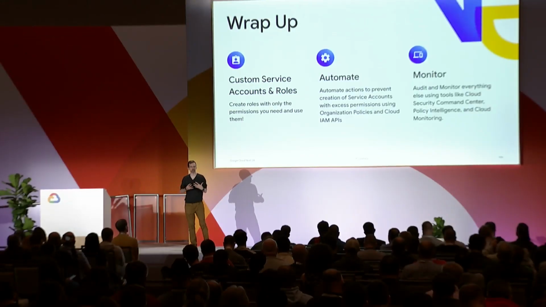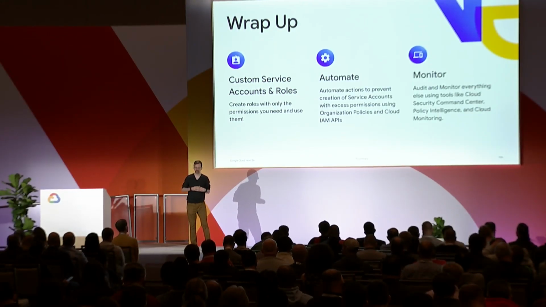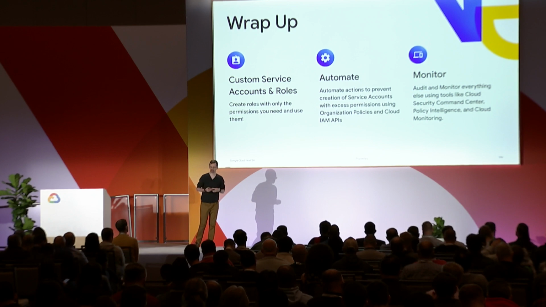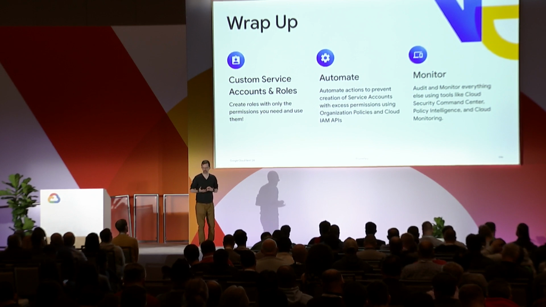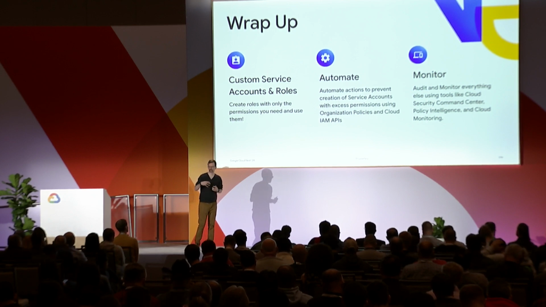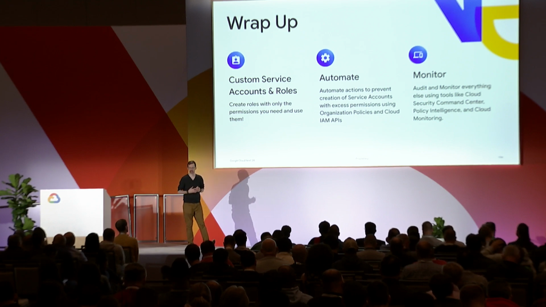Next, we've learned that we can set up these custom service accounts and roles, and then we can actually automate making sure that we are applying least privilege within our projects, and we're applying the right IAM policies within our projects. So we can automate access to either create service accounts or remove permissions or disable service accounts that have too many permissions, things like that.